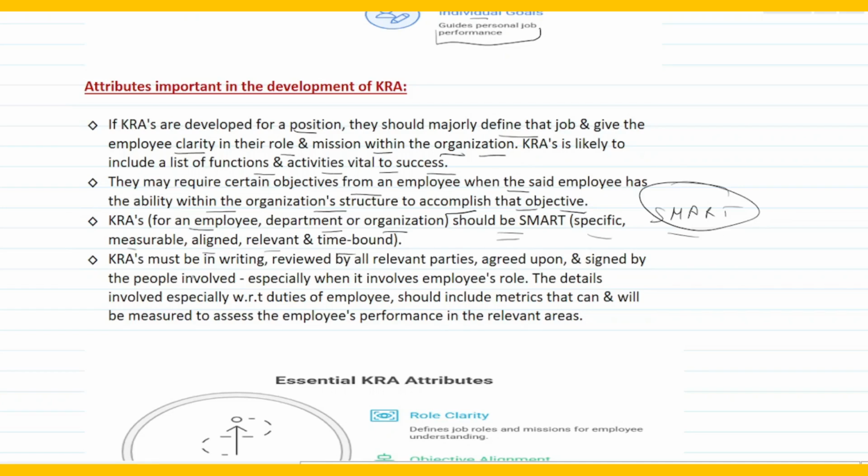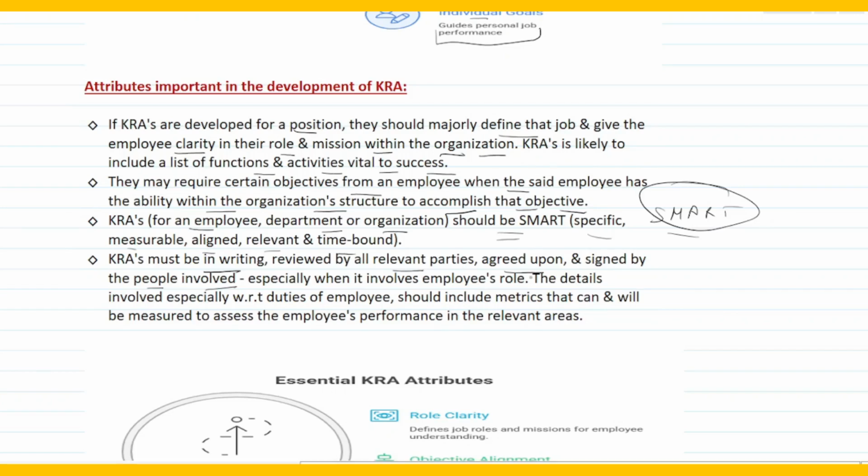Now KRAs must be in writing, right? So it should be in writing, it should not be verbal. So it should be in black and white. Reviewed by all relevant parties, agreed upon and signed by the people involved. So first of all, it should be in writing, and it should be reviewed by all the relevant parties. So everyone concerned should be basically reviewing it. It should be agreed upon.